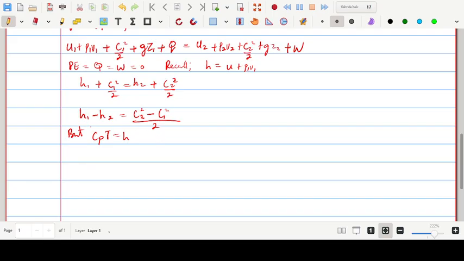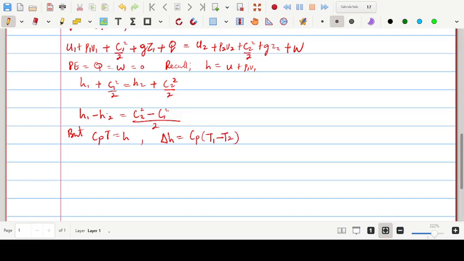As we now have it, we can have this to be delta H, which is the change in enthalpy. You can see the change in enthalpy here is equal to Cp, which is constant, times T1 minus T2.